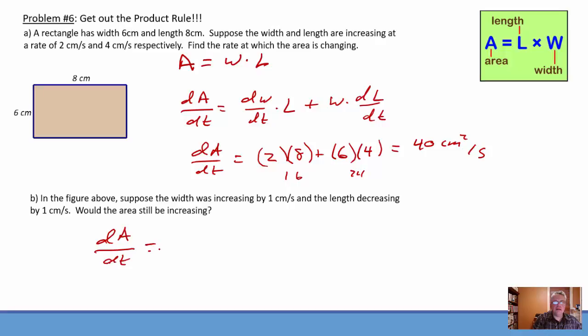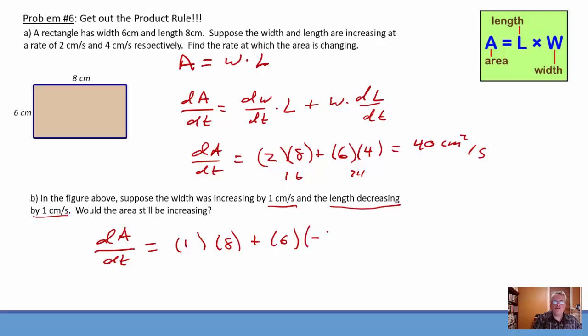dA/dt equals dW/dt, which is 1 centimeter per second, times the length. The length is 8, plus W, the width is 6, times the derivative of the length. Now, the length is decreasing 1 centimeter per second.